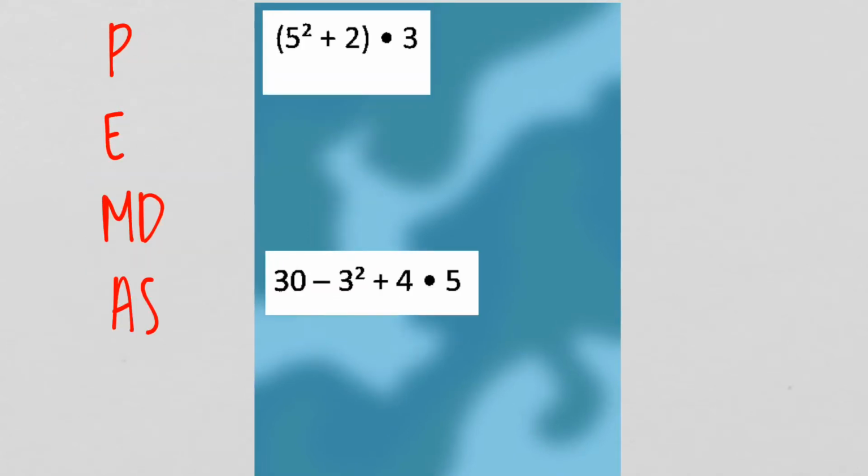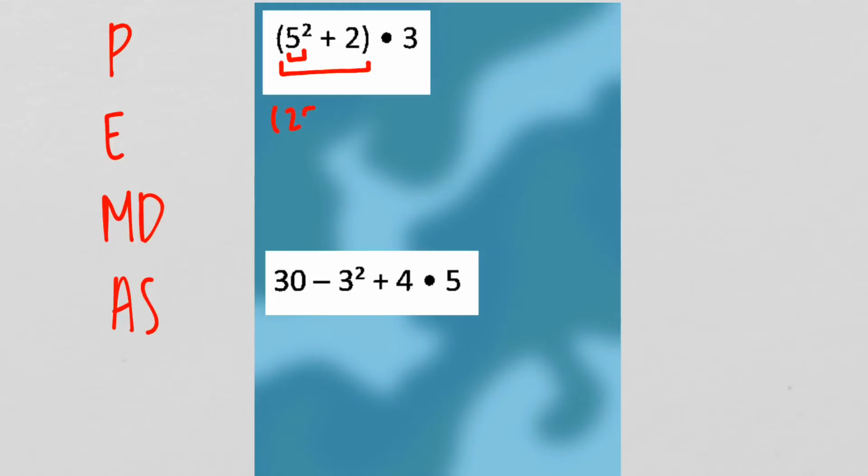So now I'm going to do the top one with you here. Again, we ask ourselves, are there parentheses? And there are. We have 5 squared plus 2. Now inside the parentheses, I need to go in the same order. There's not another set of parentheses, but I do have an exponent in there. So I'm going to do 5 squared first.